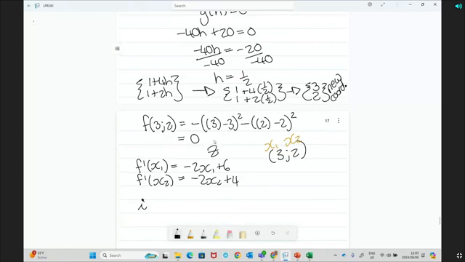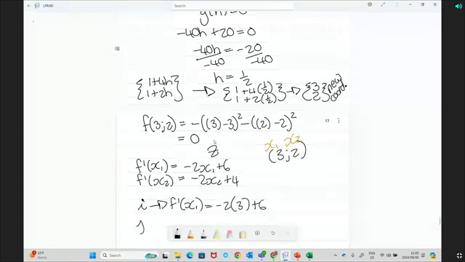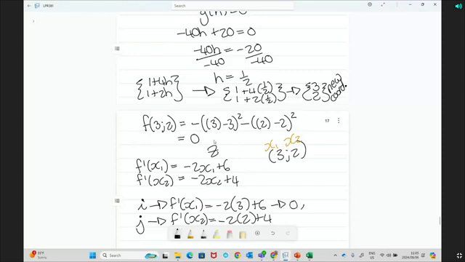So to get my i value, I use f of x1, the first variable, minus 2 times 3. To get my j value, I take the second variable. That's now x2, which is a value of 2. So the top would be minus 6 plus 6. Bottom would be minus 4 plus 4.